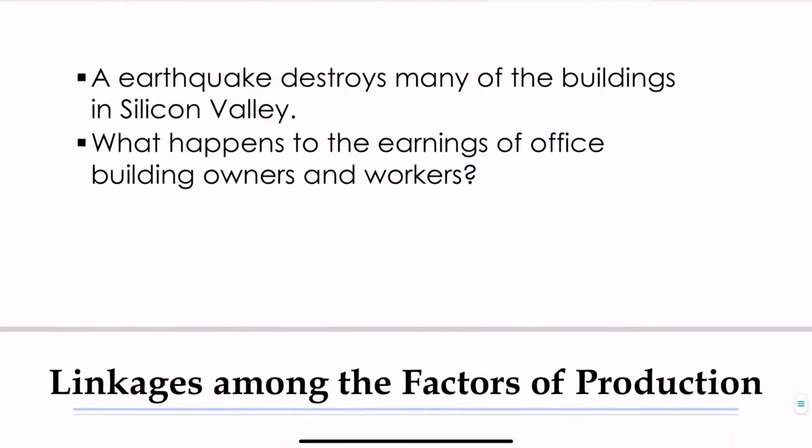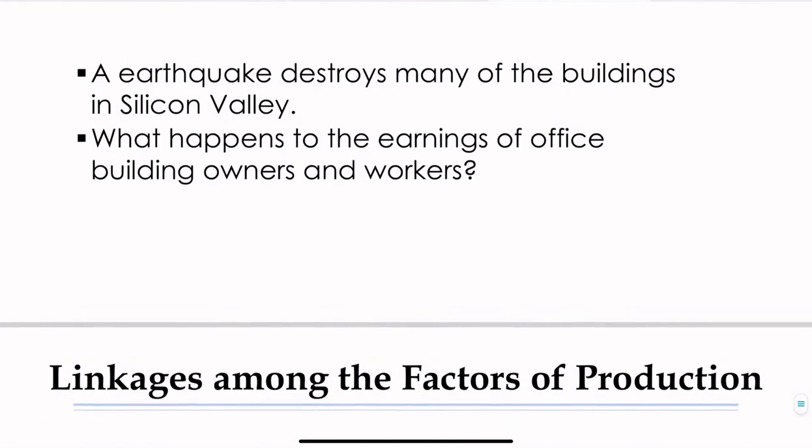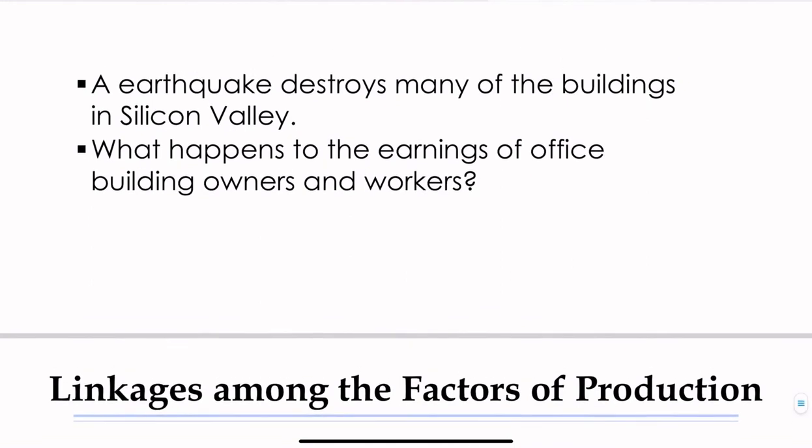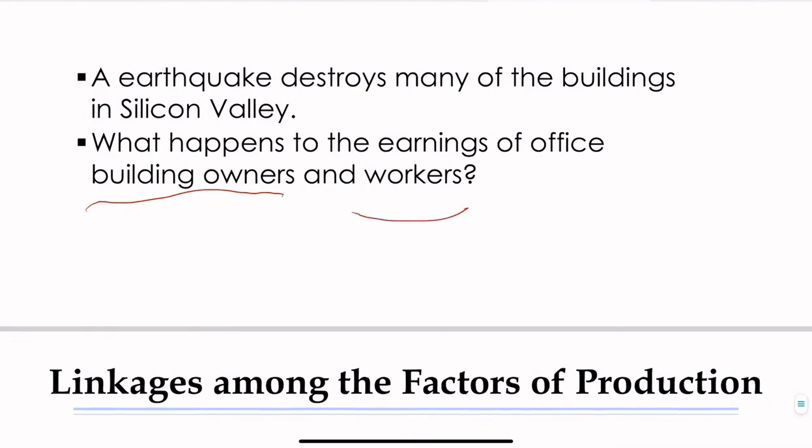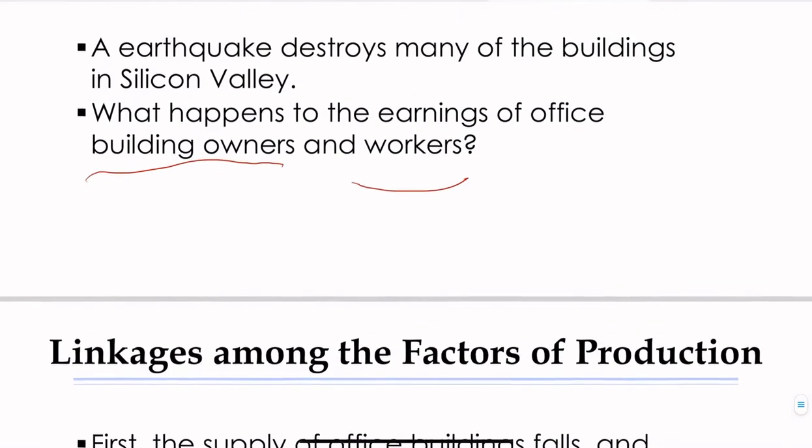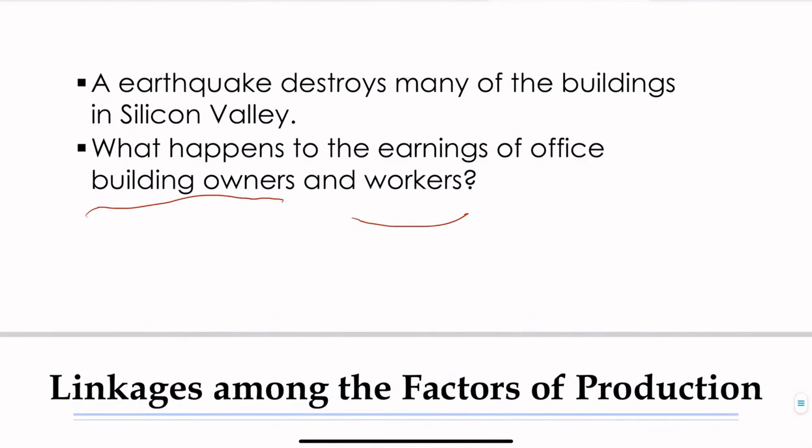Now the question is, what happens to the earnings of these owners? What happens to the earnings of office building owners and the workers? So now we are talking about the rental income of these owners and the salary of these workers. And you can see that we're talking about two kinds of inputs or two kinds of factors here, right?